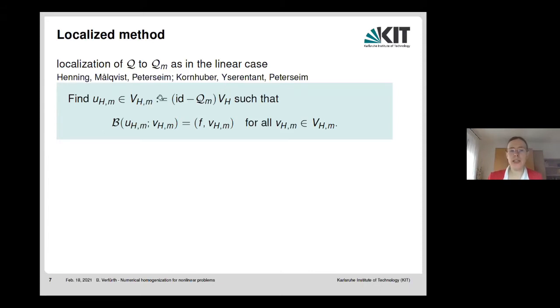So the localized method now wants to find UHM in the multiscale space VHM, which is finite element functions minus these localized corrections of the finite element functions. And we use this multiscale space in a Galerkin formulation, so as our ansatz space for the solution and also as our test space.